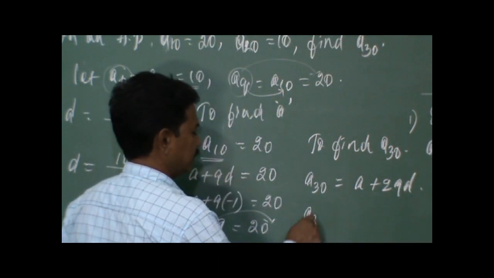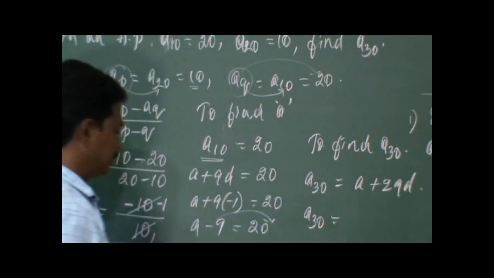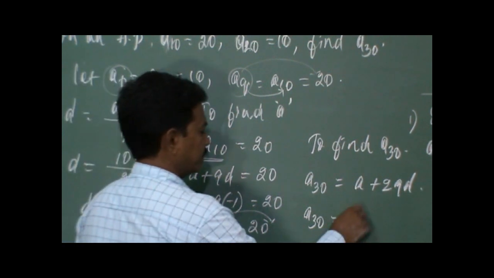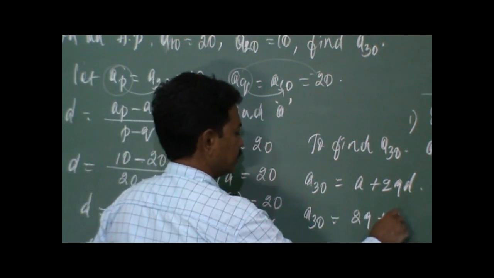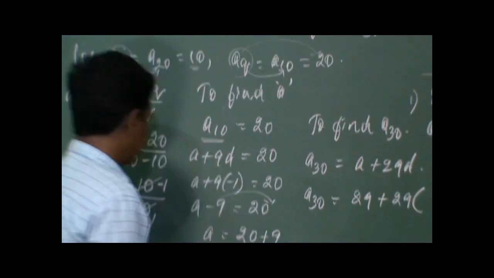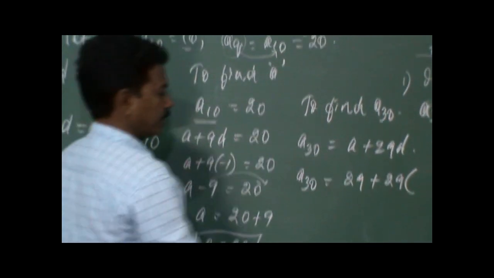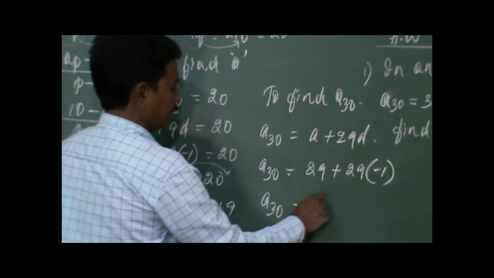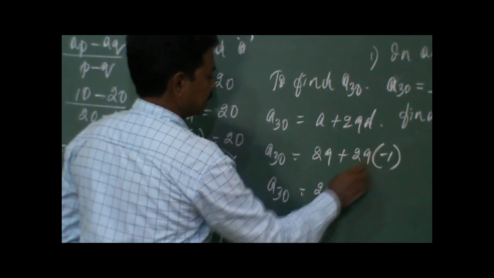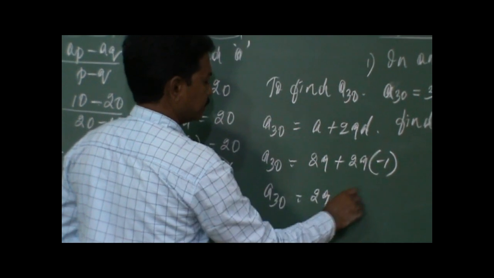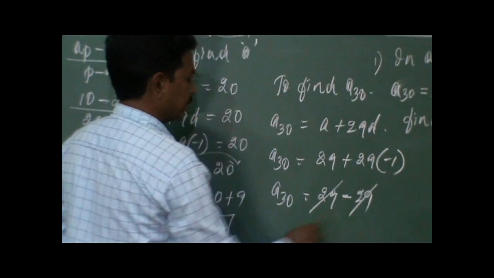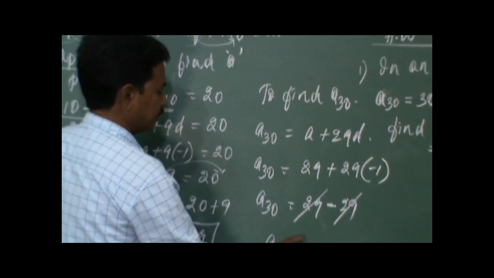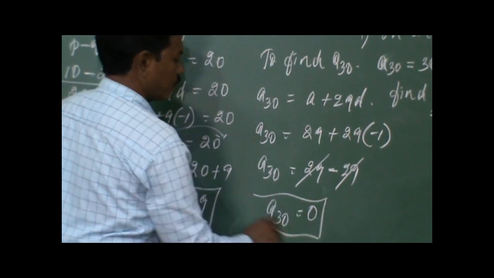So A30 is equal to A value, that is 29, plus 29 into D value, that is minus 1. So A30 is equal to 29 plus into minus is minus 29. 29 minus 29 cancels. So A30 is equal to 0.